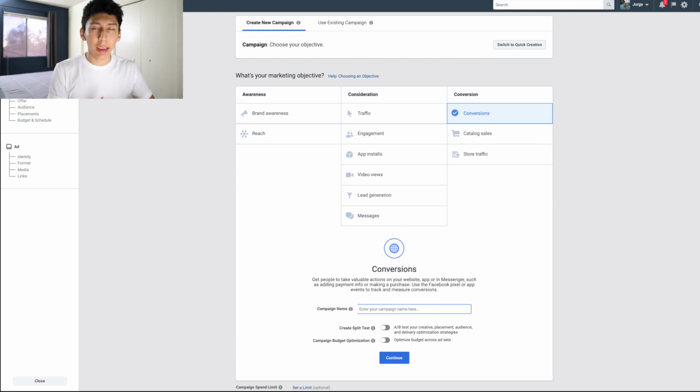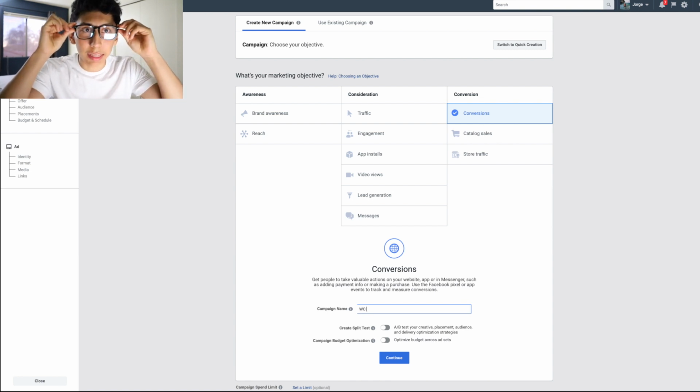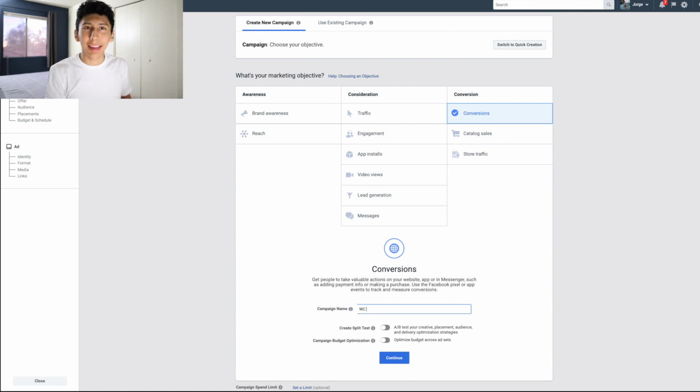This is how I name my campaigns. You don't have to do it exactly like this. This is just how I like to organize my stuff. So I'm gonna put website conversion and then for whatever product. So let's say we're advertising these glasses, right? These anti-blue blocking light glasses. So we're just gonna put blue. Let's just do blue. Website conversion, WC, and blue.